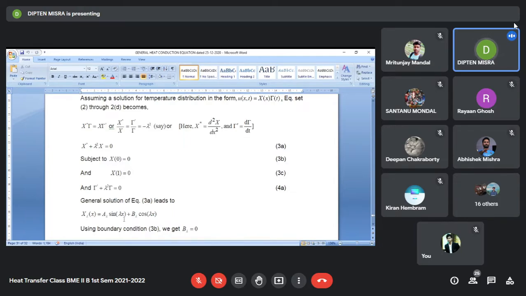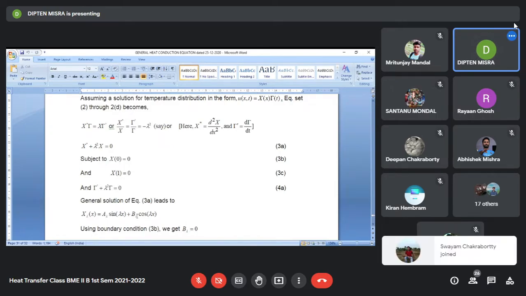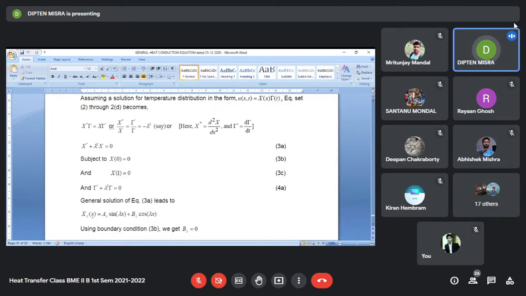So it becomes X_λ at x equal to 0, which is equal to 0, that becomes equal to B_λ, and this becomes equal to 1, because when x becomes equal to 0, cos 0 becomes equal to 1. So what we see is that B_λ has to be equal to 0, because X_λ at x equal to 0 is equal to 0.